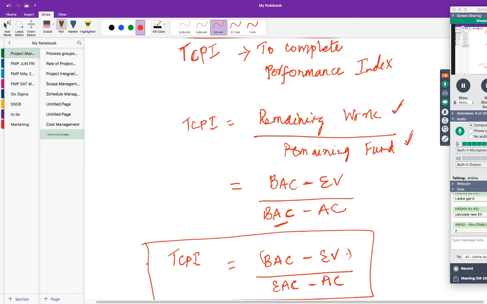If you don't understand, no worries, I'll explain it in the next class also. But this is for new fund. What is the rate required if some new fund is given? So your new fund is EAC minus AC. You get that point?